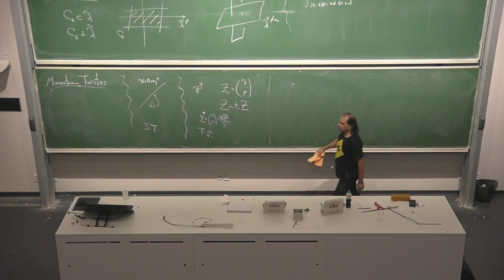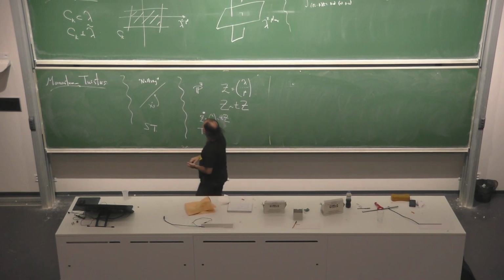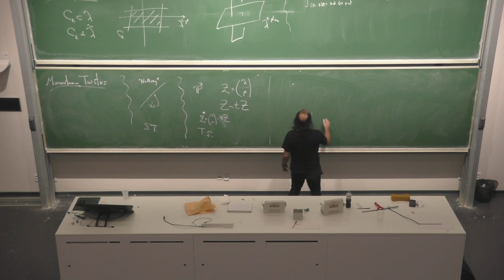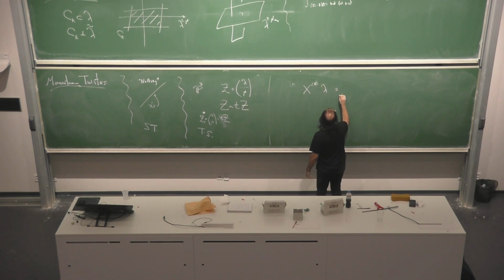The second part of the correspondence is what happens if we have 2 of these null rays in space-time? Let's say I have 2 of these null rays, xa and xb. I have x lambda a equals mu a.